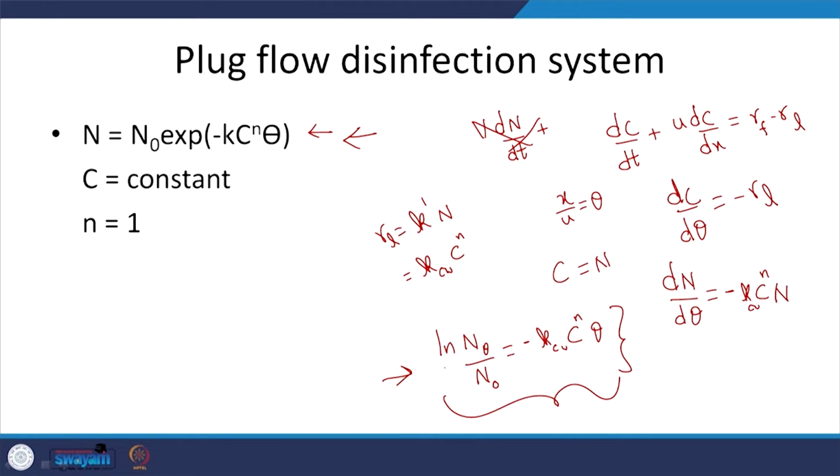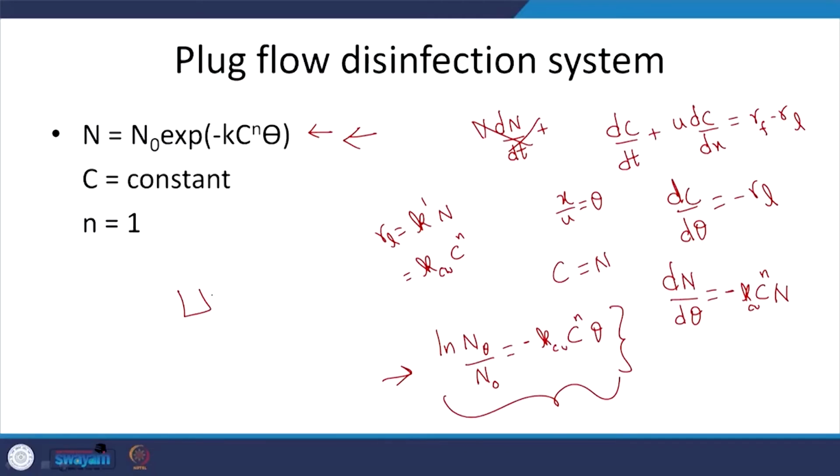Again, this is for a plug flow disinfection system, right. So depending upon how well you can make the system behave like a plug flow, you can go ahead with it. But depending upon your type of mixing, you can sometimes end up having a series of CSTRs. This is especially the case with plug flow reactors in the context of disinfection, let us say. Why is it?